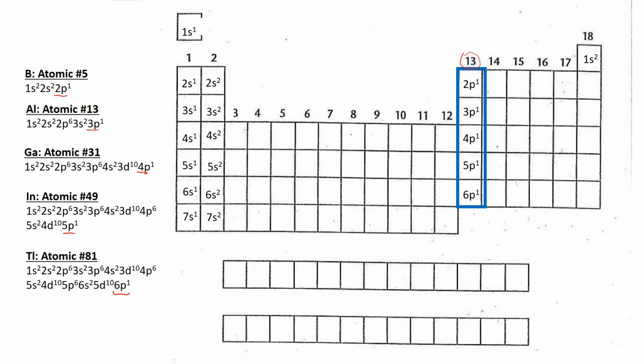The second row is where we have our first p sublevel actually showing up. The second energy level is where we actually have that first p sublevel available, and we now have space for it in the periodic table in the second row. And we also see that each of those rows, the third row, the fourth row, the fifth row, we're matching in terms of that principal energy level with the actual row number.